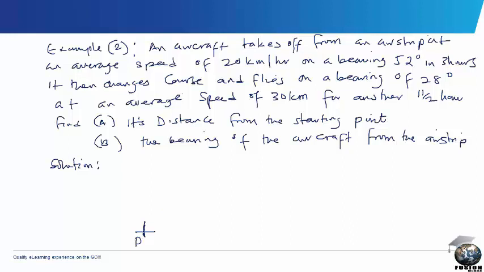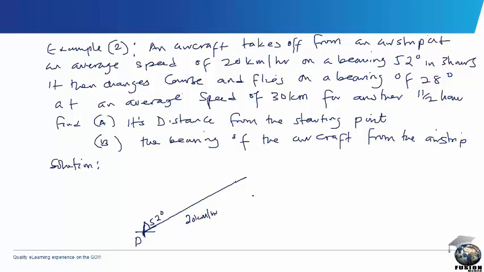You have a bearing of 52 degrees from this point, and then this is our aircraft. We are told that it travels at 20 kilometers per hour on a bearing of 52 degrees.